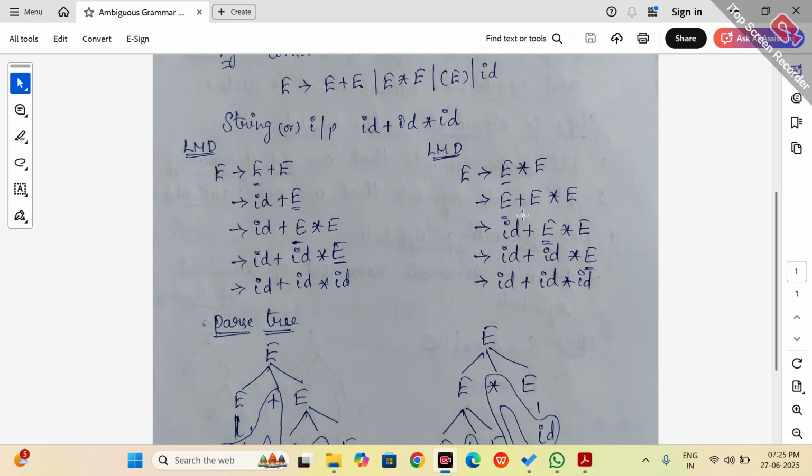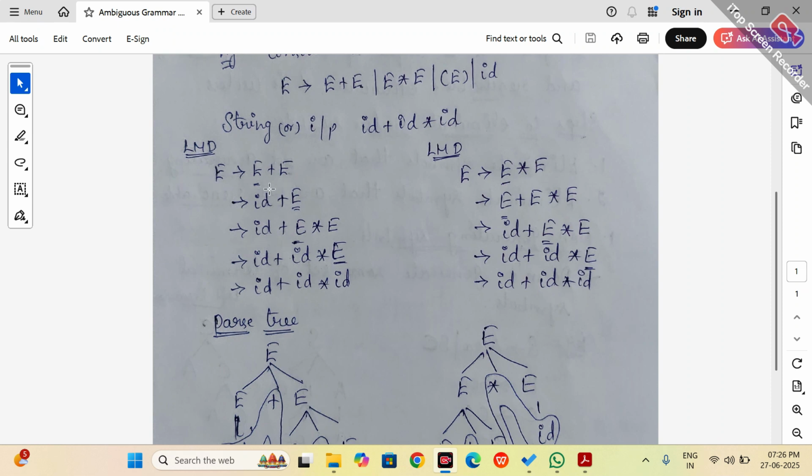Now it is similar to our input, plus is there, asterisk is there, and only the E's need to be replaced with terminal symbols. The leftmost E is replaced with ID. The plus is the terminal symbol. The next leftmost E is replaced with ID, and the last non-terminal symbol E is replaced with ID.